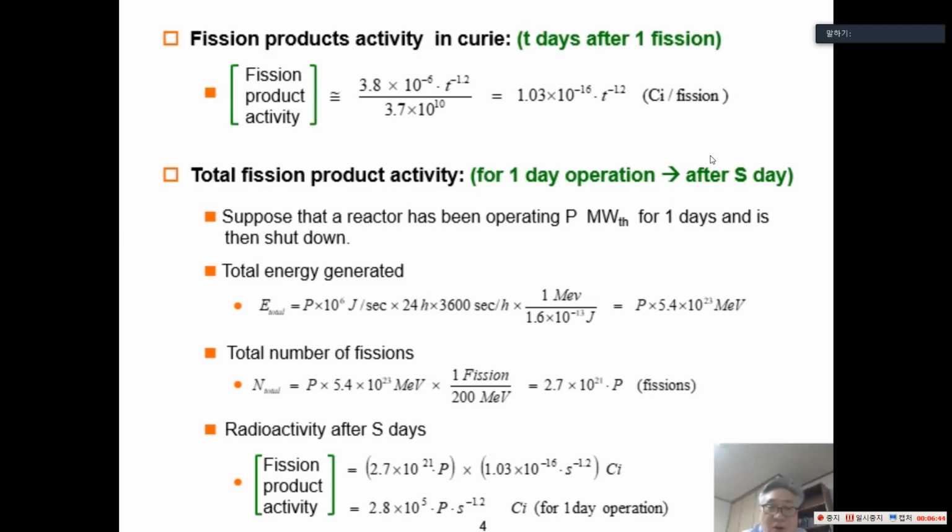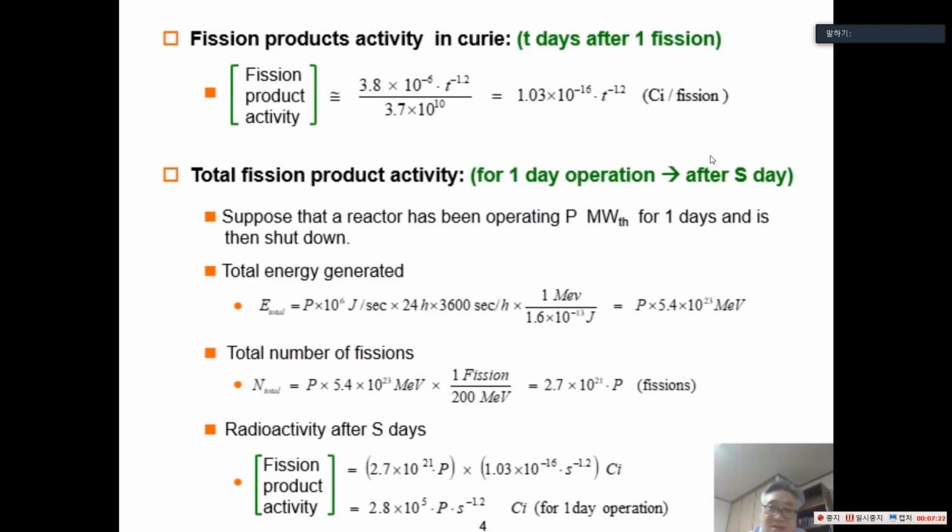And so let's convert this energy. Megawatt thermal is an energy rate, and when we multiply by 1 day, then it becomes energy. So we convert this into mega electron volts. Total energy equals P times 10 to the 6. 10 to the 6 comes from megawatt, okay? And watt becomes joule per second, and 1 day becomes 24 hours, 60 minutes and 60 seconds.